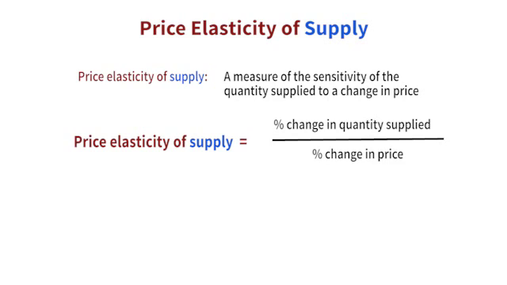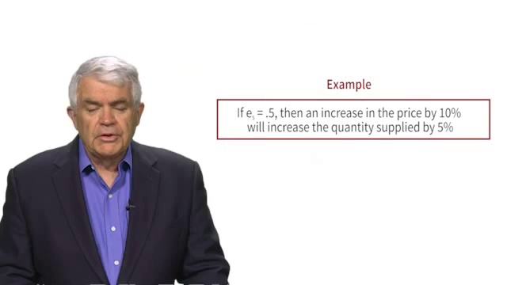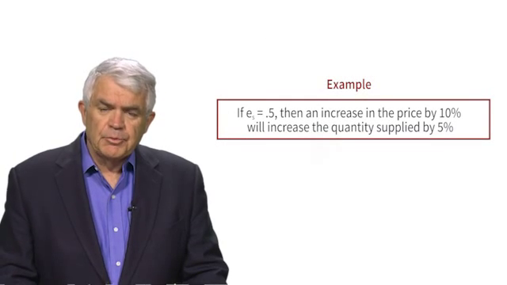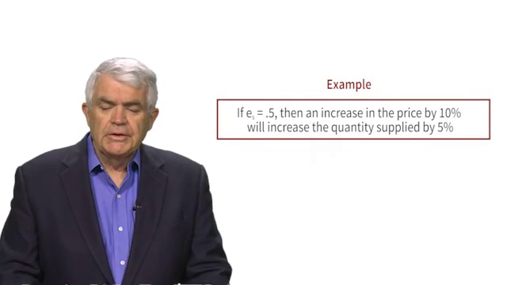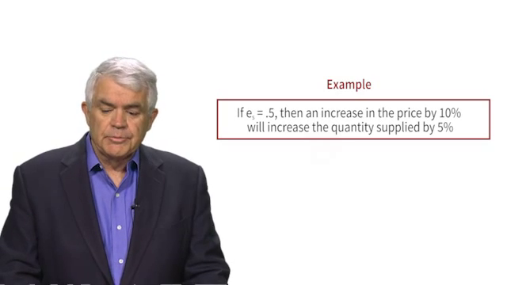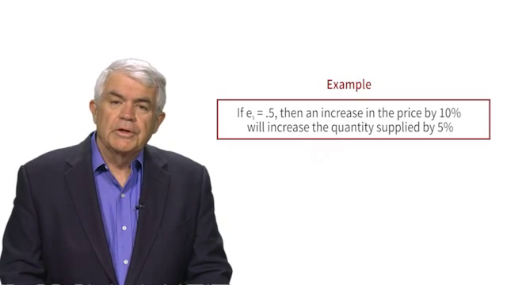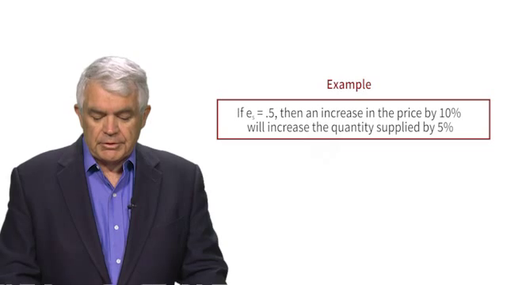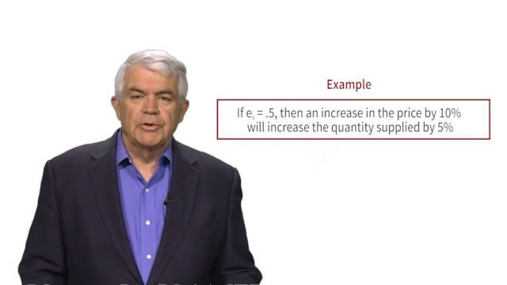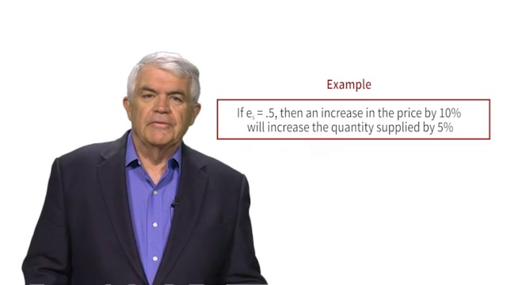So then finally consider an example. Suppose the elasticity of supply is 0.5, then an increase in the price by 10% will increase the quantity supplied by 5%. That's that 0.5 we're talking about in the definition.